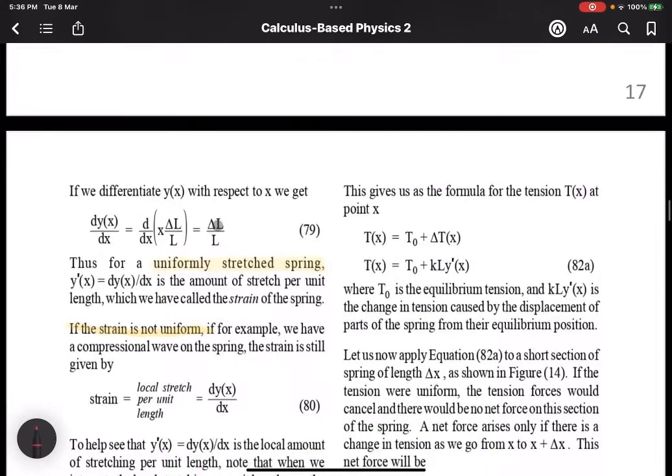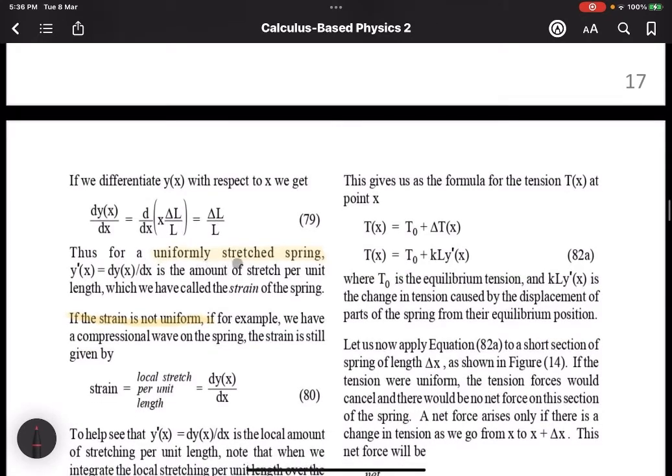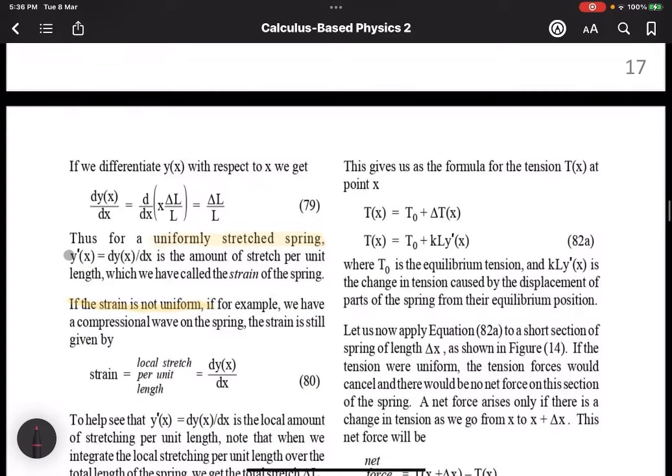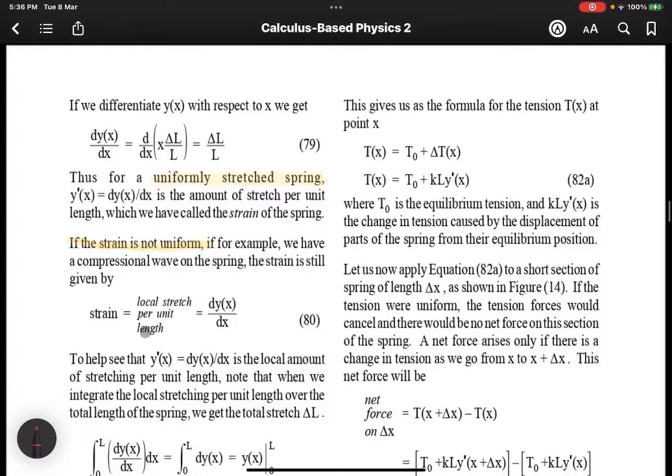We will have the change in L over L. Thus, for a uniformly stretched spring, the local strain or stretch, dy(x) over dx, is the amount of stretch per unit length. So, ito yung ating strain. Okay? So, the strain is represented by dy(x) over dx.